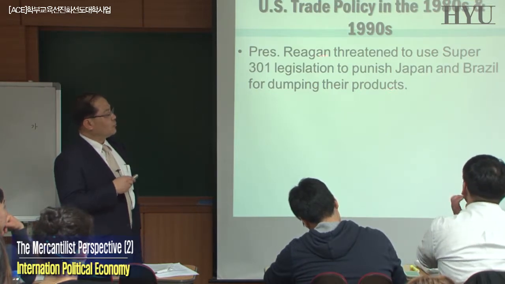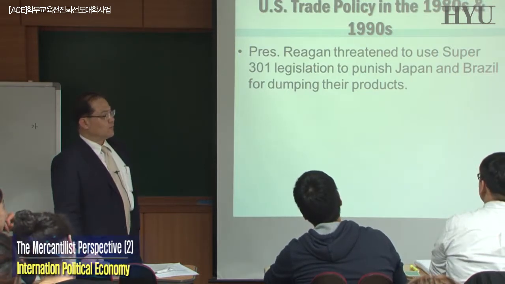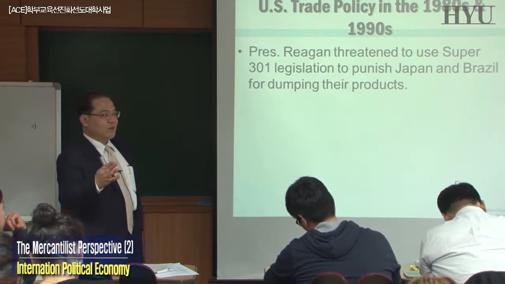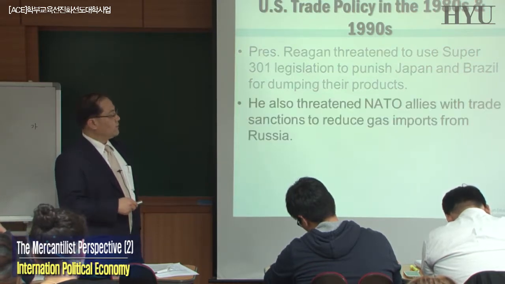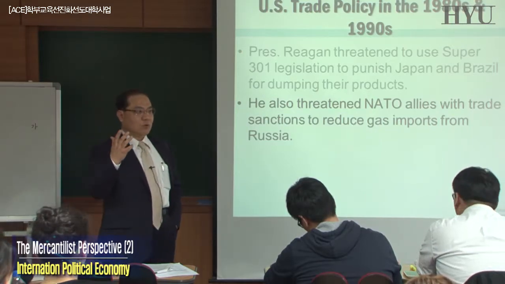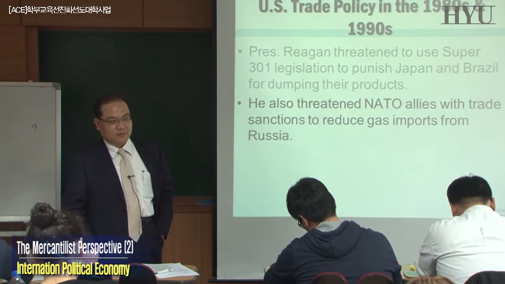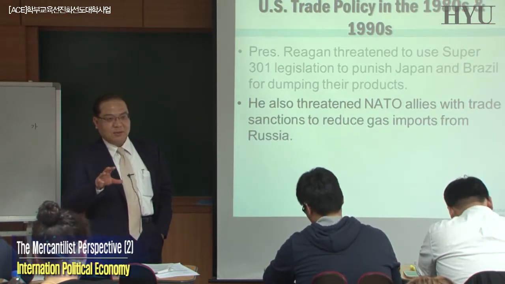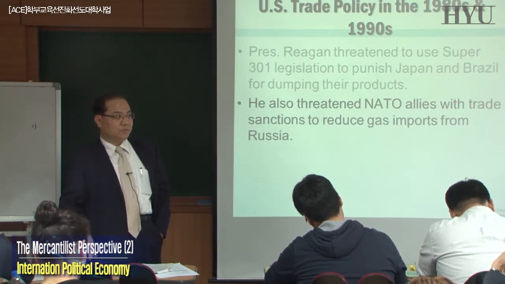They have this Super 301, the famous law that bans unfair trade practice. They even threatened NATO allies, telling them not to import natural gas from the Soviet Union. So trade policy has become a very useful tool.